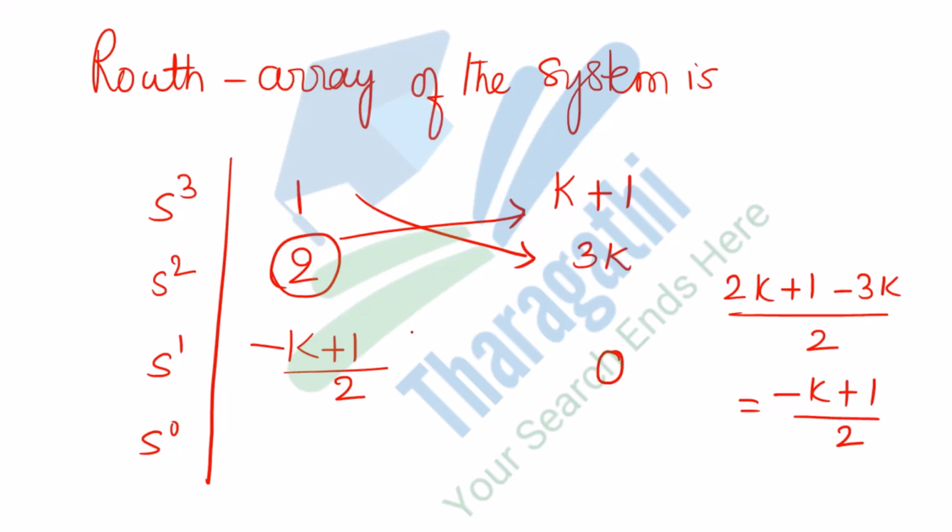Now you multiply these two factors and subtract the product 2 into 0 from 3k into (1 minus k) by 2, and divide the entire value by (1 minus k) by 2. You will get 3k, and that value comes here.